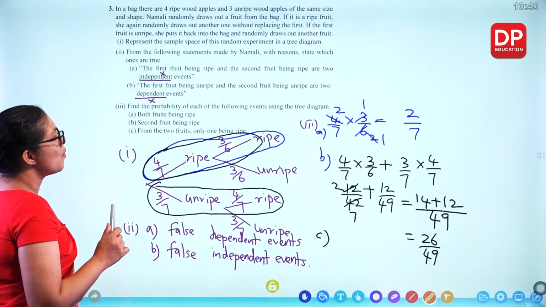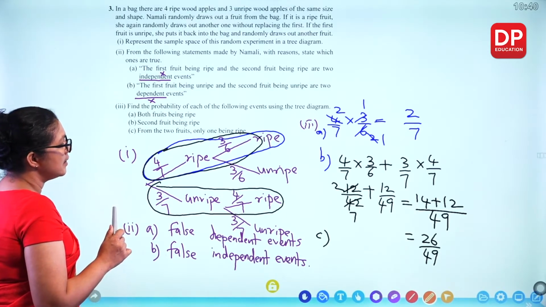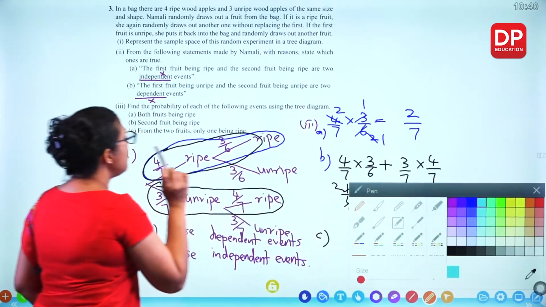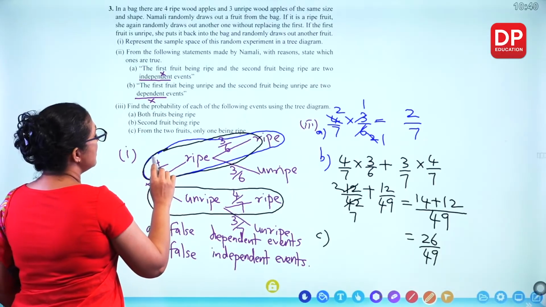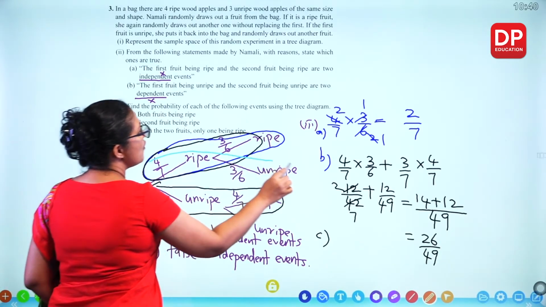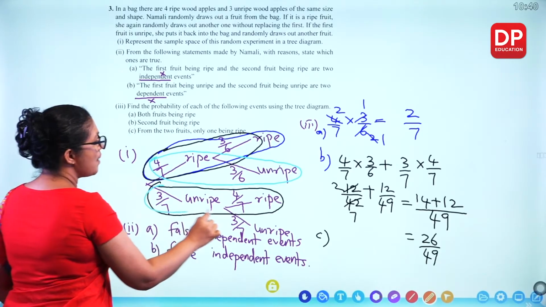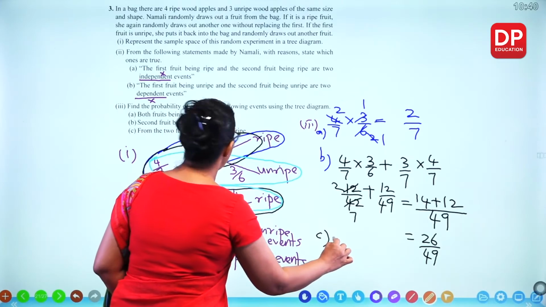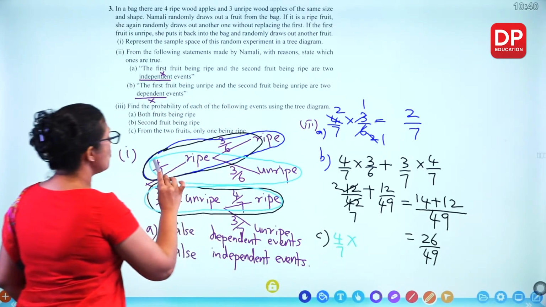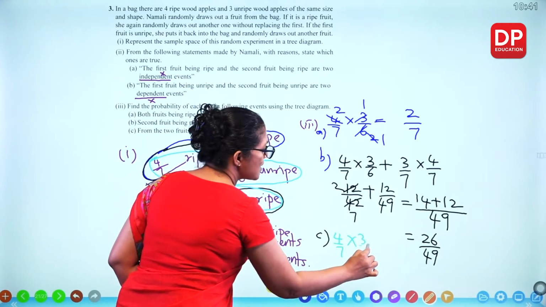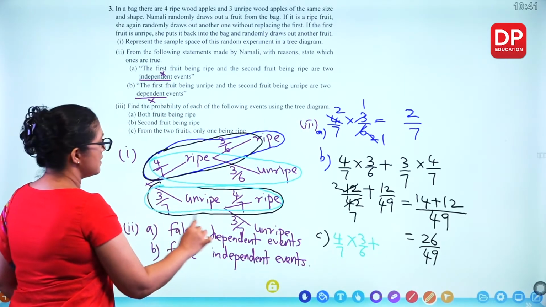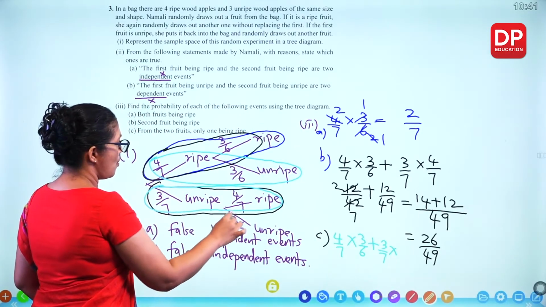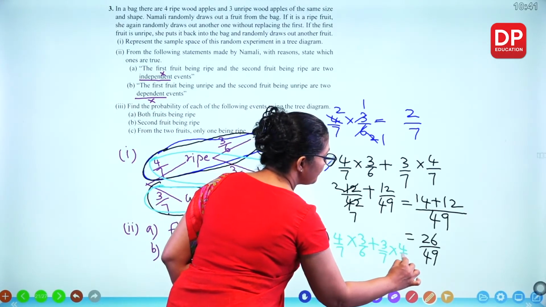Then part C, from the two fruits, only one being ripe. So what are the branches you can take? One being ripe means ripe with unripe or unripe with ripe. So you can multiply and add: 4/7 times 3/6 plus 3/7 times 4/7.